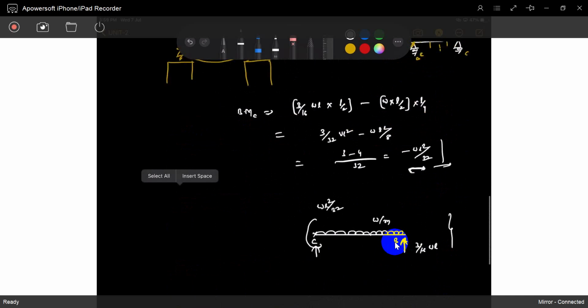And also, if you see, I will write AC. So A has a support of the same thing, 3 by 16 WL. The loading is W per meter, and this is of length L by 2. And C has a bending moment of WL square by 32, a hogging moment.